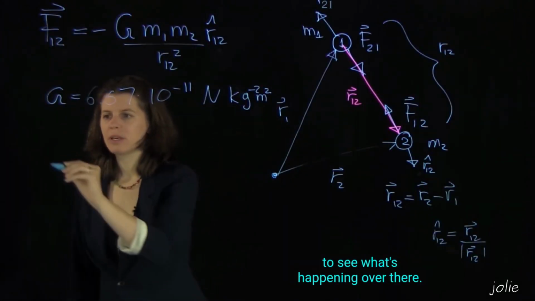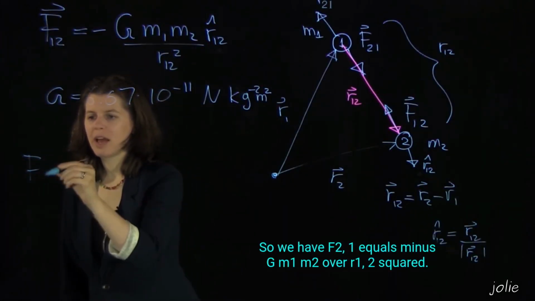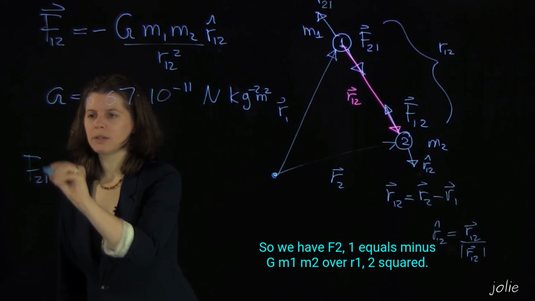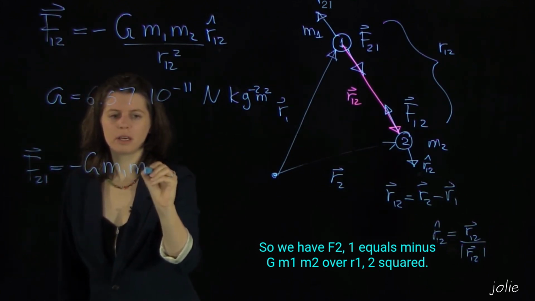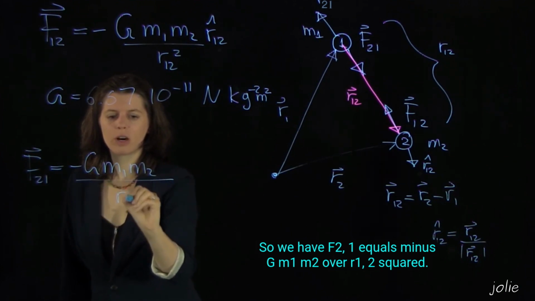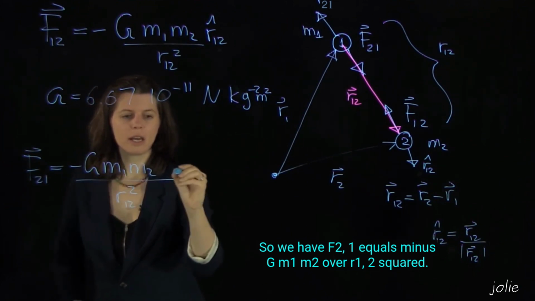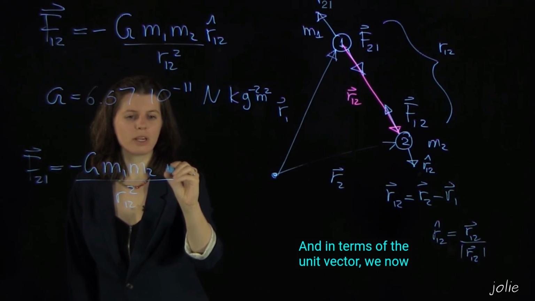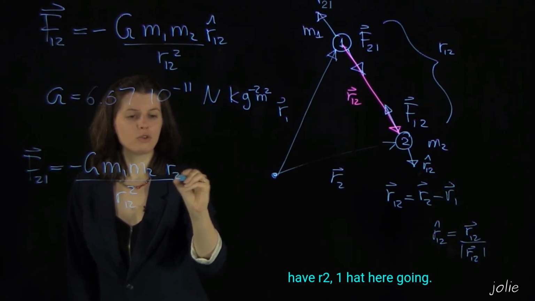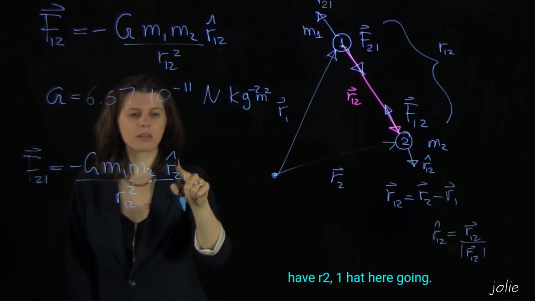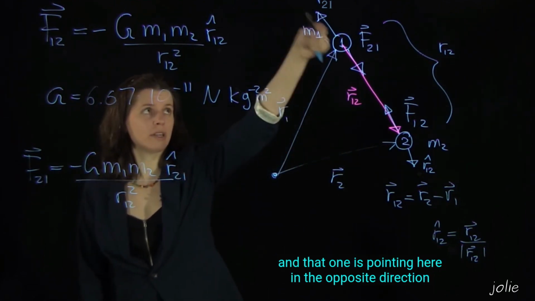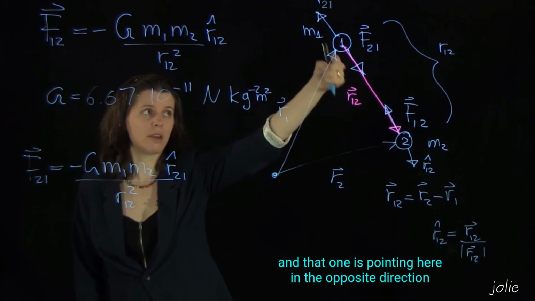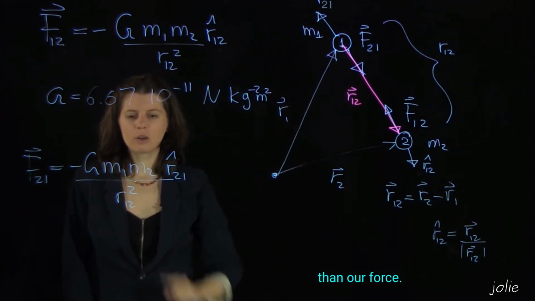So we have F21 equals minus G m1 m2 over r12 squared, and in terms of the unit vector, we now have r21 hat. Again, this minus goes with this unit vector, and that one is pointing in the opposite direction than our force. So that's all good.